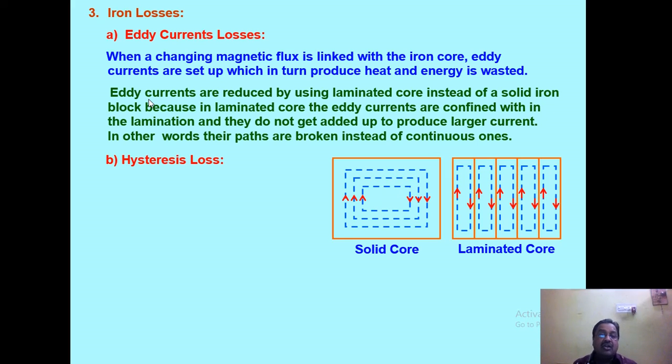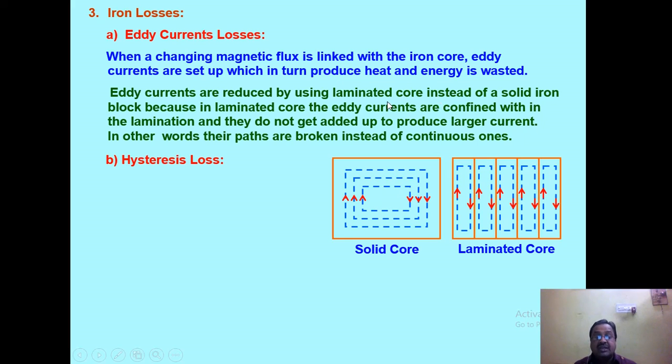And what are eddy current losses? Again, I am repeating. When a changing magnetic flux is linked with the iron core, eddy currents are set up so that they produce heat, and due to that energy is wasted. And these eddy currents are reduced by using a laminated core.